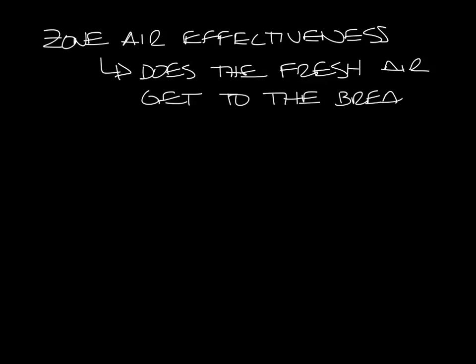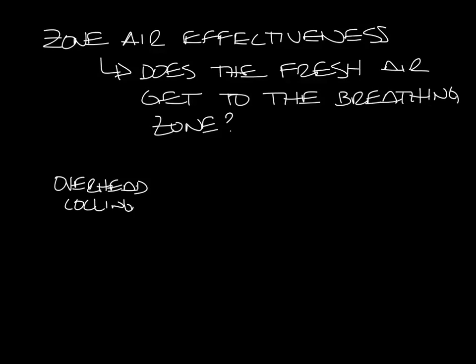It's basically, does your fresh air get down to where the occupants are? So in the standard, there's a table that has different types of air distribution systems and what their ventilation effectiveness is. For example, overhead cooling, your standard ceiling supply diffusers, has a ventilation effectiveness, E sub Z, of 1.0.